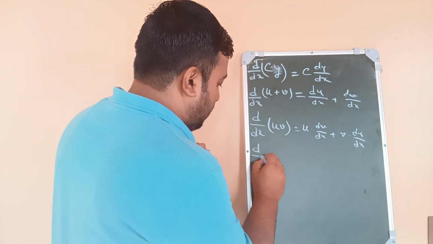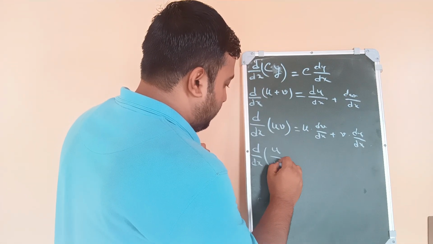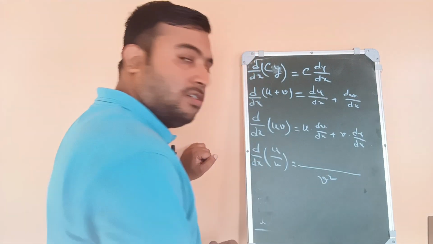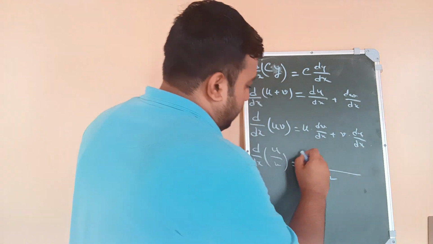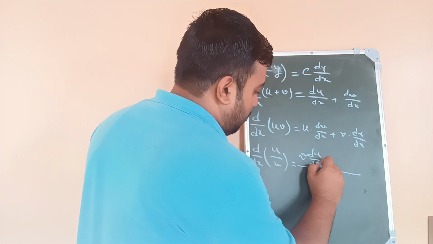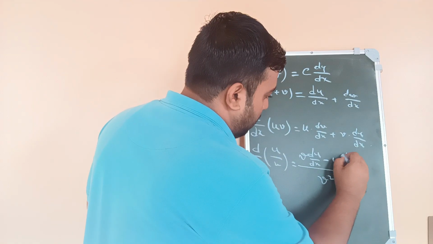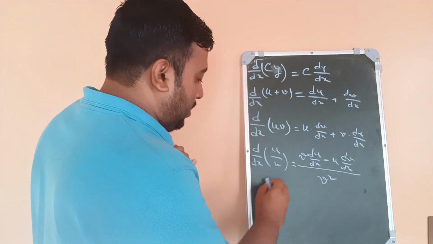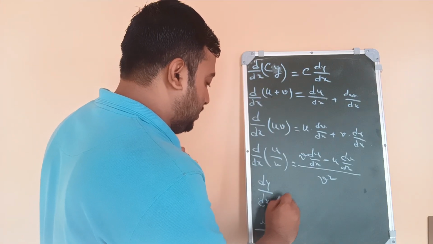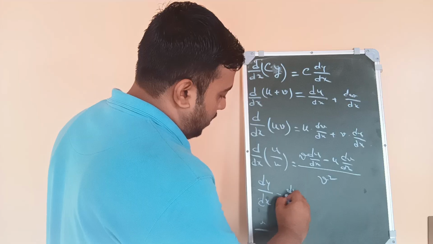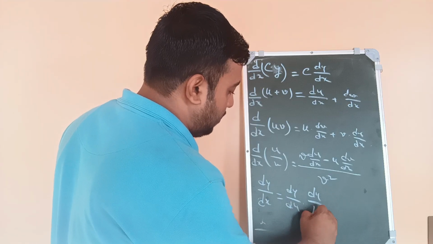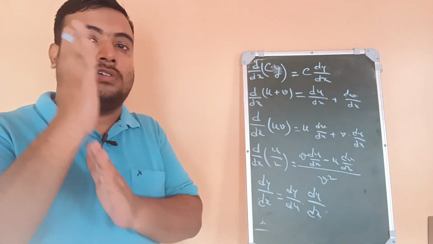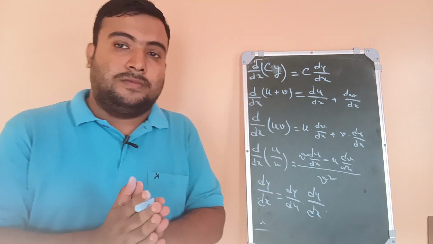And if it is divided, that is u by v, then to remember it, first write v squared, and then v du/dx minus u dv/dx. Also we can say that dy by dx is equal to dy by du into du by dx. So these are the basic formulas we should remember to study our physics course.